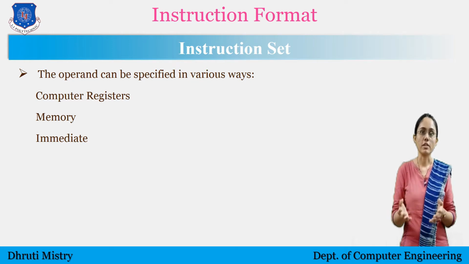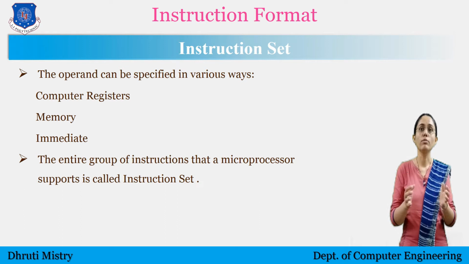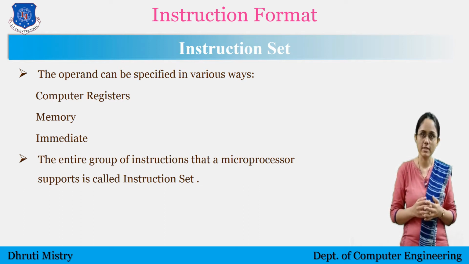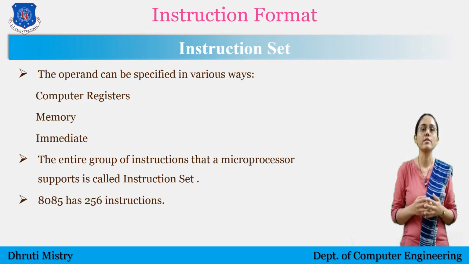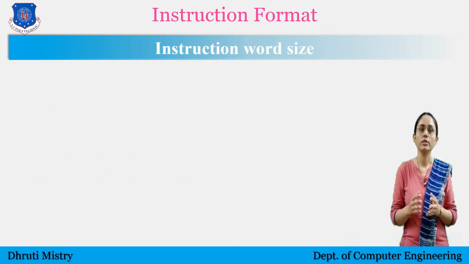And what about instruction set? The entire group of instructions that a microprocessor supports is called instruction set. And 8085 has total 256 instructions. Each instruction is represented by an 8-bit binary value. The 8085 instruction set is classified into 3 categories by considering the length of the instructions.